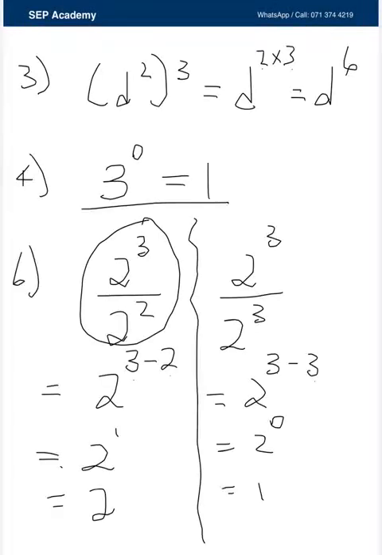Maybe let me add 1 or 2 more examples. What will be the example number? Okay, example number 7. I hope everything makes sense up to this point. So now let's see, number 7, what if you are given, okay, let's say you are given s to the exponent of 2 in brackets, and then that to the exponent of 0.